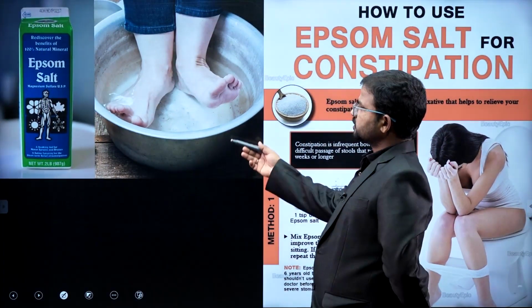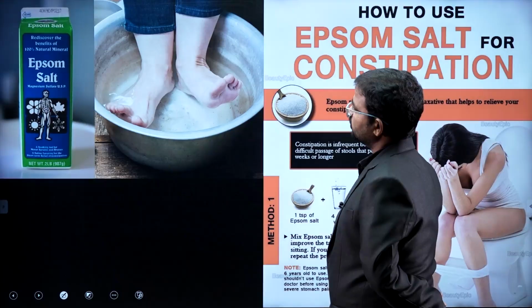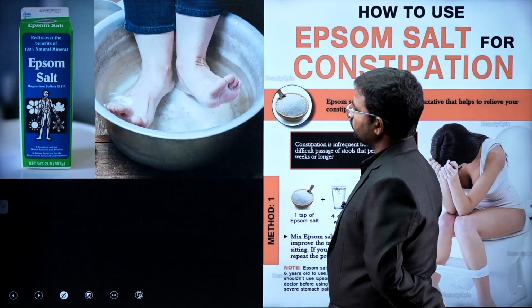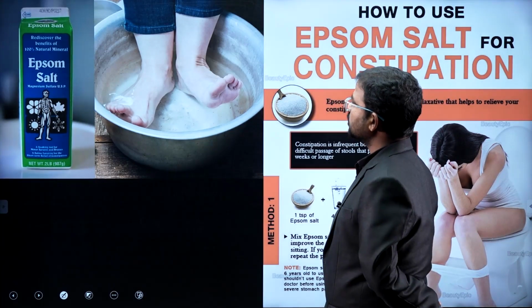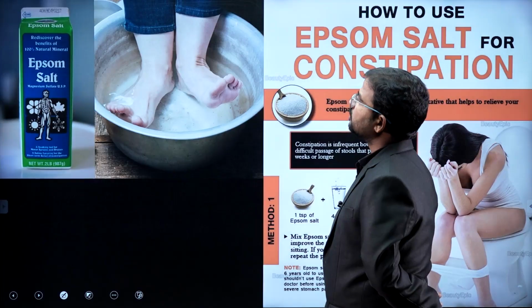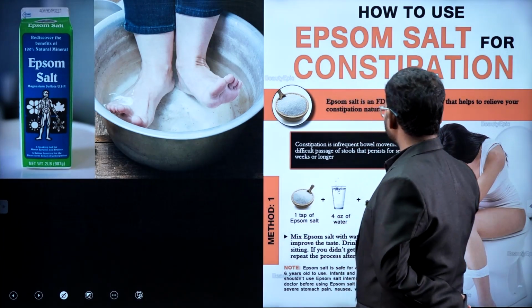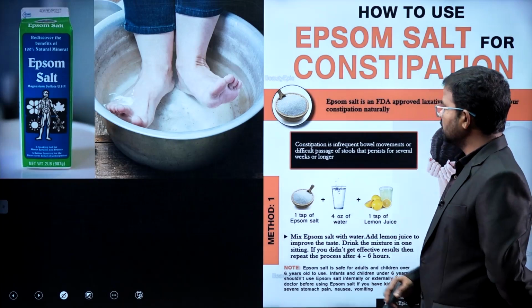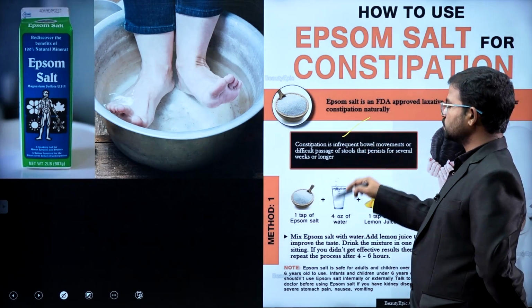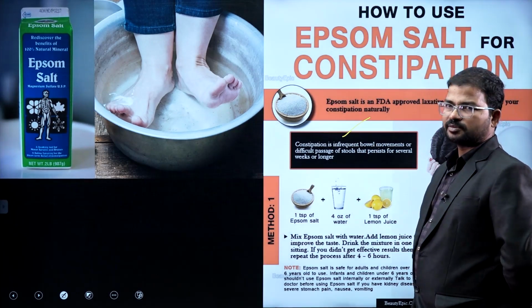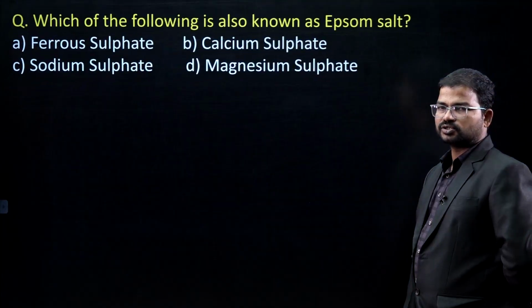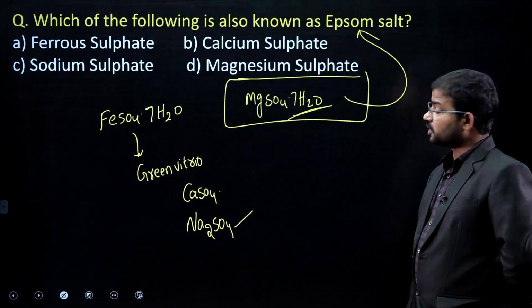For this purpose, guys, to clean food-related constituents, or if we are facing any fungal infections, we consider magnesium sulfate derivatives. Next, if you are facing constipation, then also we consider Epsom salt. Epsom salt is used as a purgative for adults.